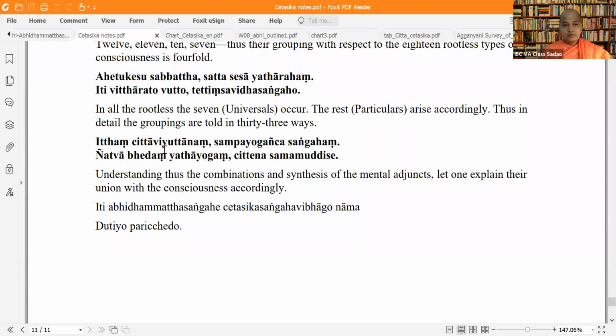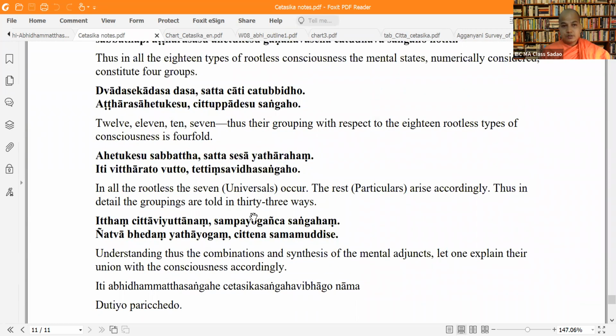Evam cittavuttinam sampayogañca sangaham ñatva bhedam yathayogam cittena samamuddise. Understanding thus the combinations and synthesis of the mental adjuncts, let one explain their union with the consciousness accordingly. So this is the end of chapter 2.